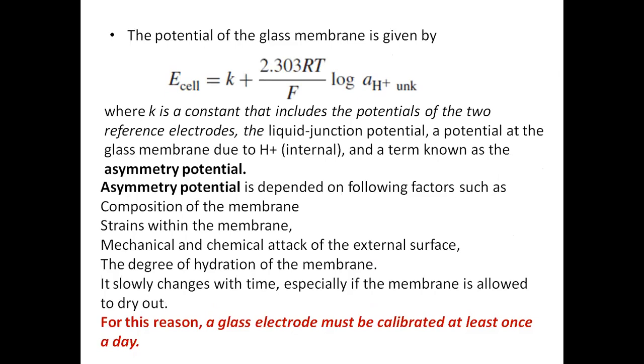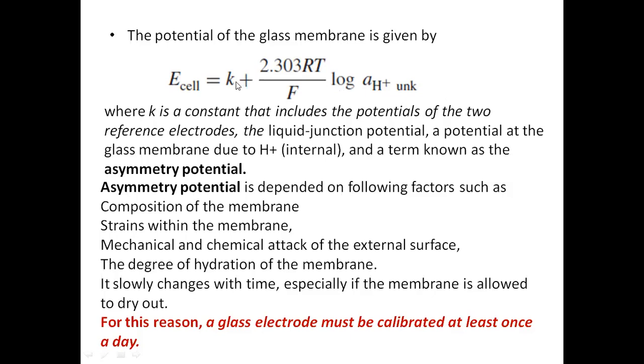And we all know what K is. K is the constant that includes the potentials of the two reference electrodes, the potential of the liquid junction, and the potential of the glass membrane due to the internal solution. So the only unknown is the activity or concentration of the external solution, which we have to find through this potential.